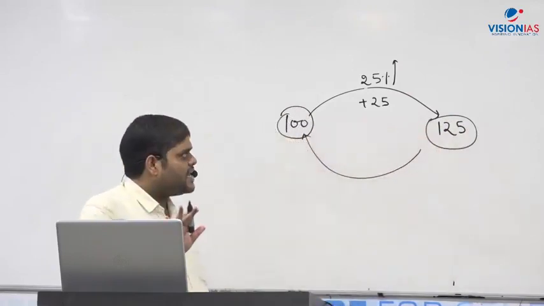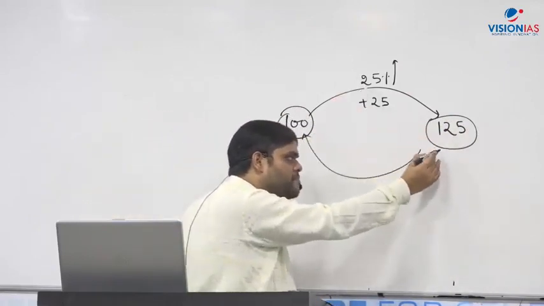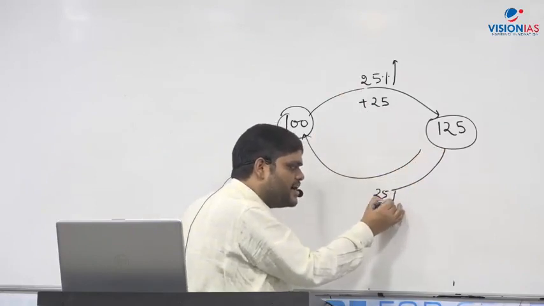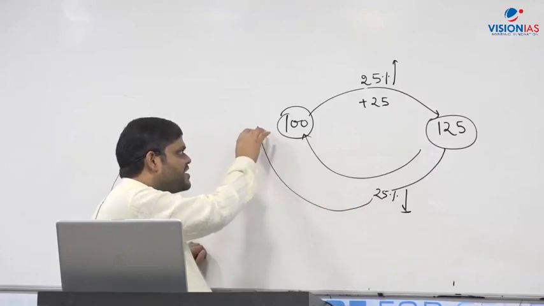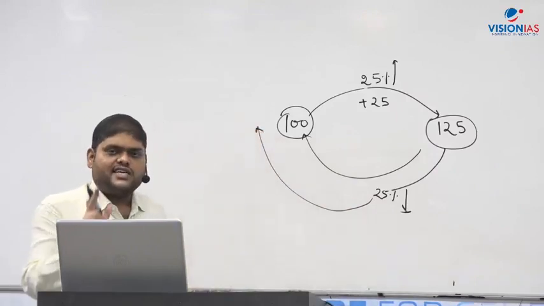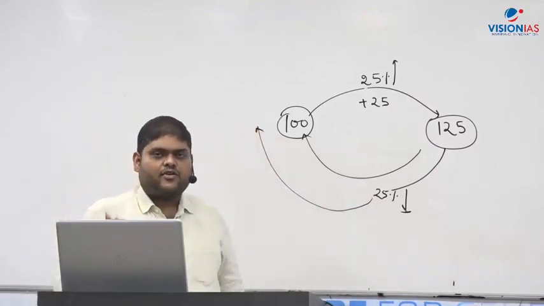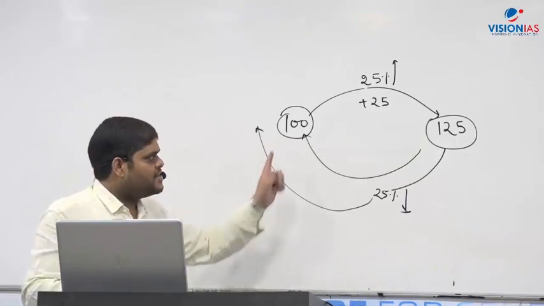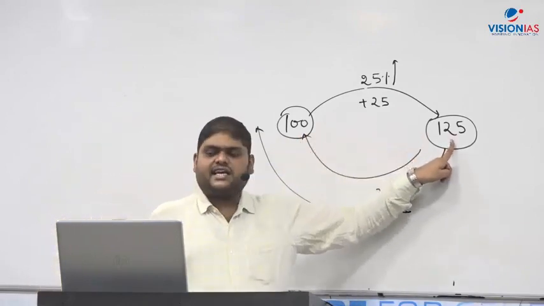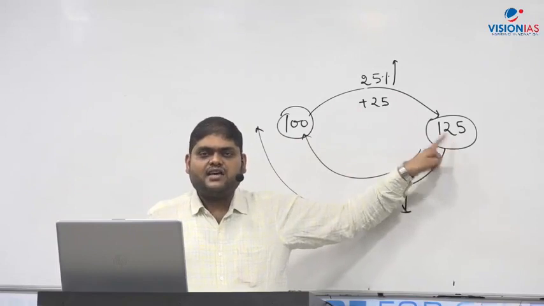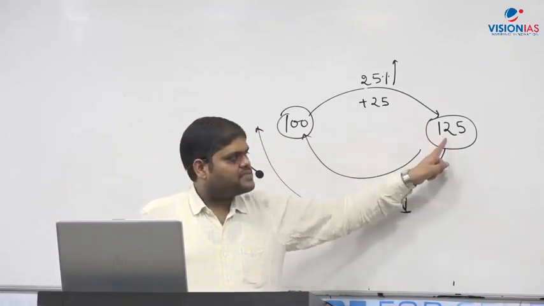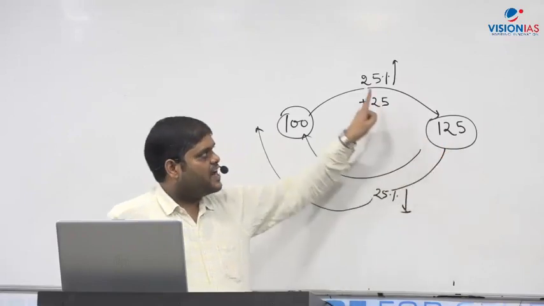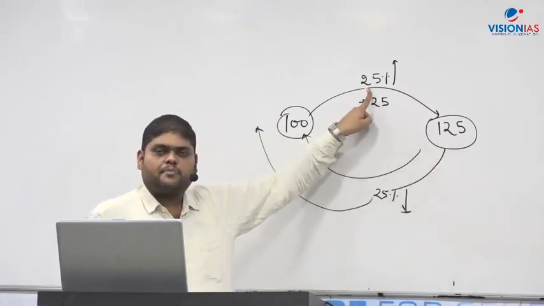So definitely, if I decrease 25% from here, this will be less than 100, or not? Why less than 100? Because the base value has increased. And why has the base value increased? Because we have increased it by 25%.